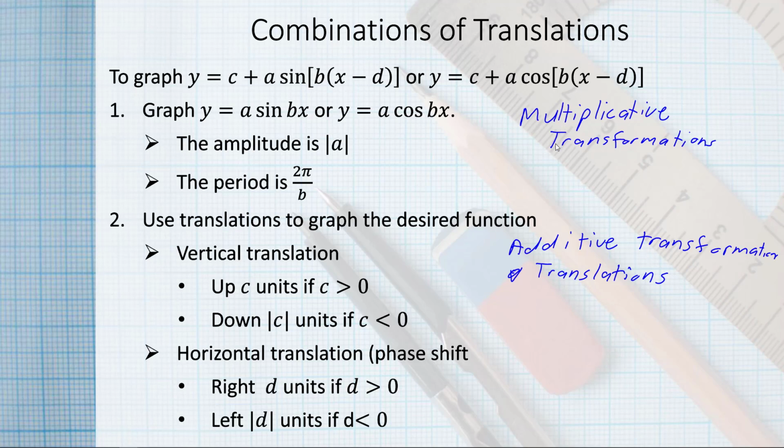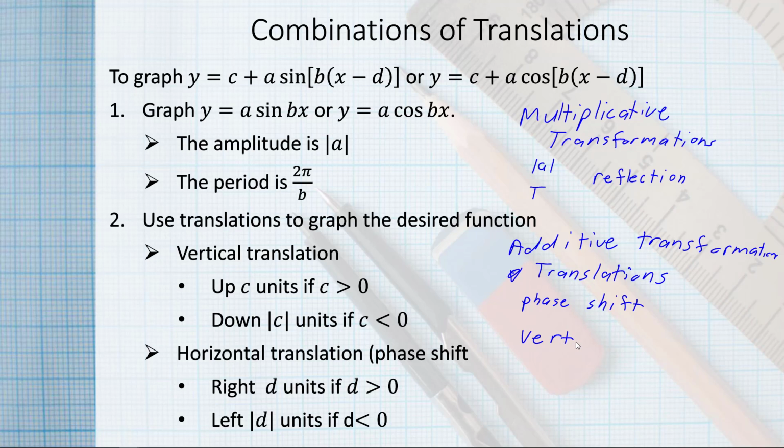Now, the multiplicative transformations basically are the amplitude, the period, and also whether there's a reflection. Probably should have had that in the slide. And of course, then the additive transformations, which are the translations, are the phase shift, or the horizontal shift, and the vertical shift. So do these first and do these next.